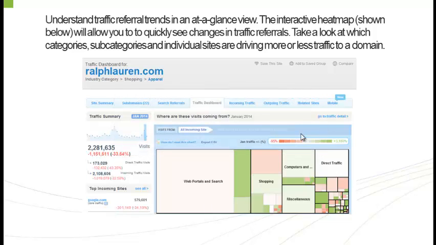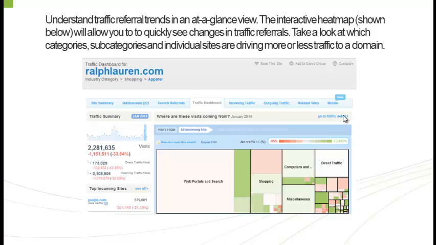So you'll be able to see what's going on with incoming traffic, where it's coming from, but this is really going to be the best report to guide how you look at incoming traffic referrers. If you're not sure where to start, but you know you want to see how social media did this month, or you just want a broad incoming traffic referrer guide, the traffic dashboard is the best way to do that.